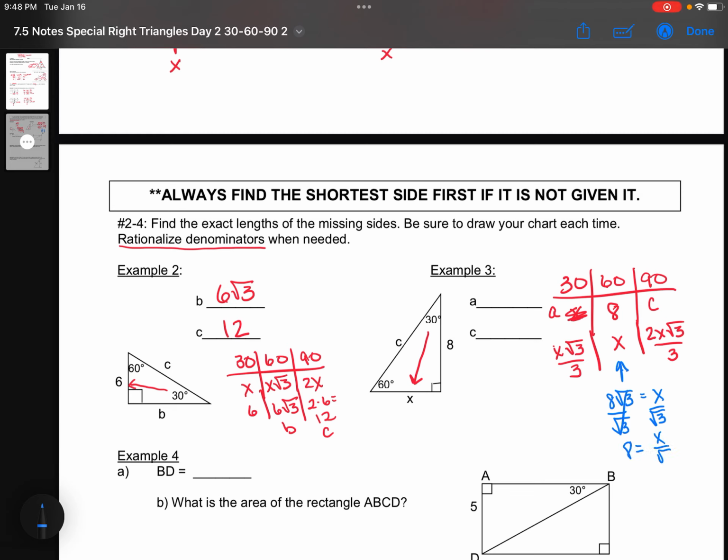So I would have 8 equals x over square root of 3, but I would multiply that times square root of 3 over square root of 3.